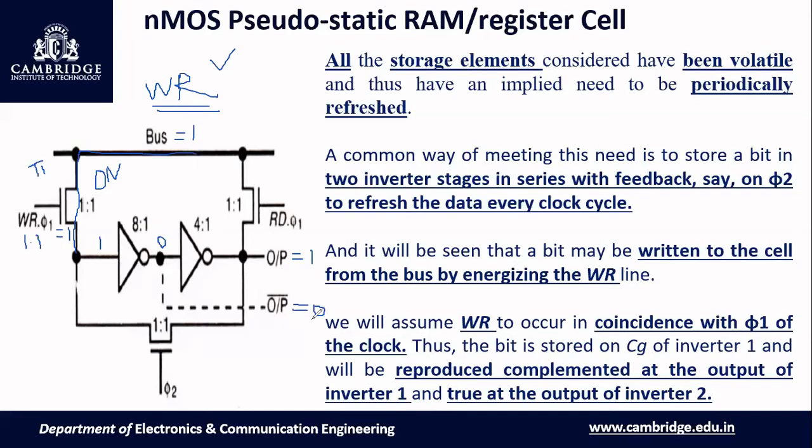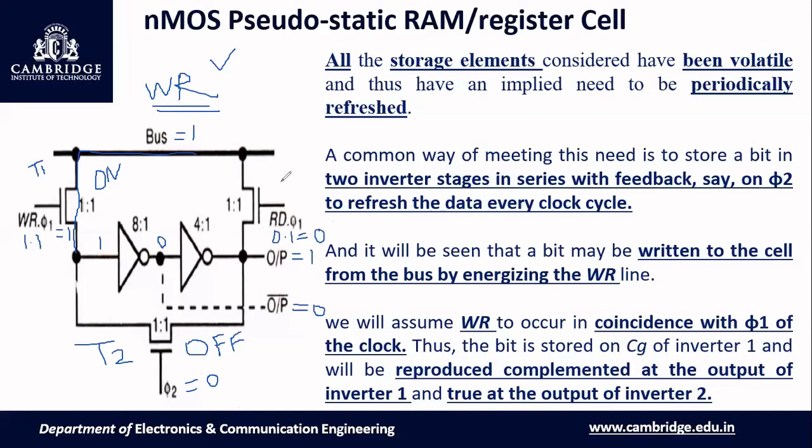Getting it? So during write operation, we'll have to make phi 2 equal to 0. If you take this as some T2 transistor, so here the T2 transistor will be off. And during write operation, your read signal should be 0. Since phi 1 is 1, 0 and with 1, you'll get 0.